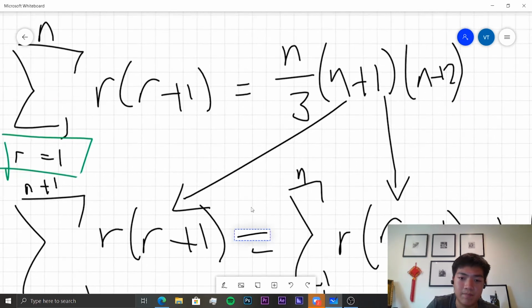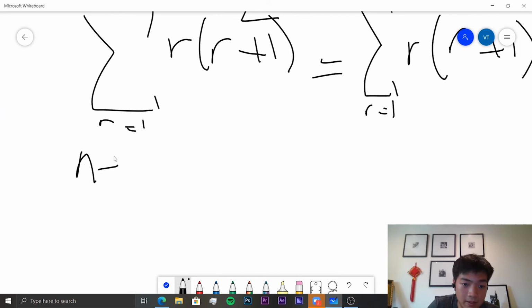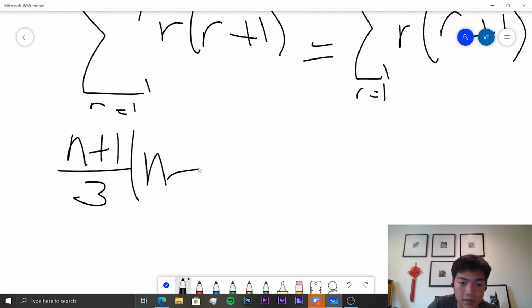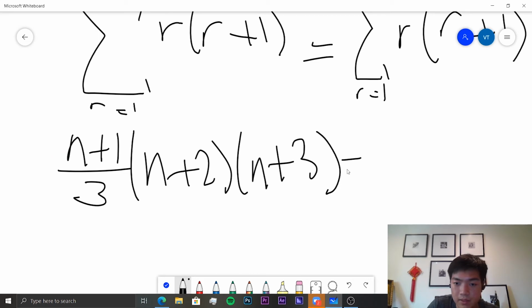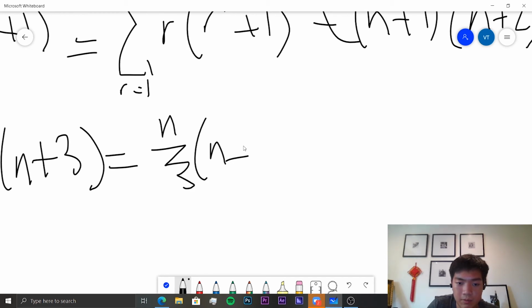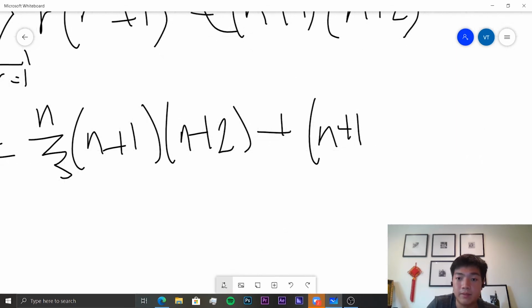So this would be saying n plus 1 over 3 times n plus 2 times n plus 3 is equal to n over 3 times n plus 1 times n plus 2 plus n plus 1 plus n plus 2.